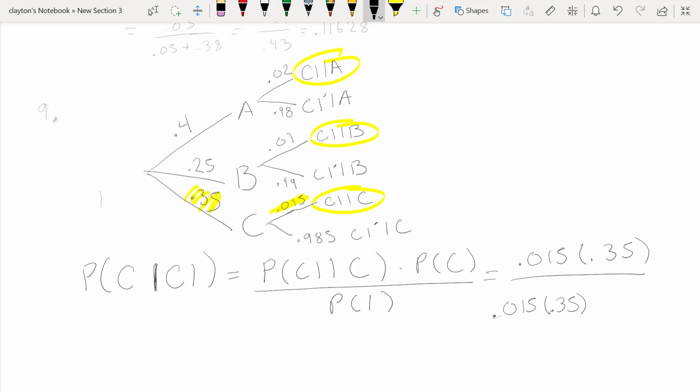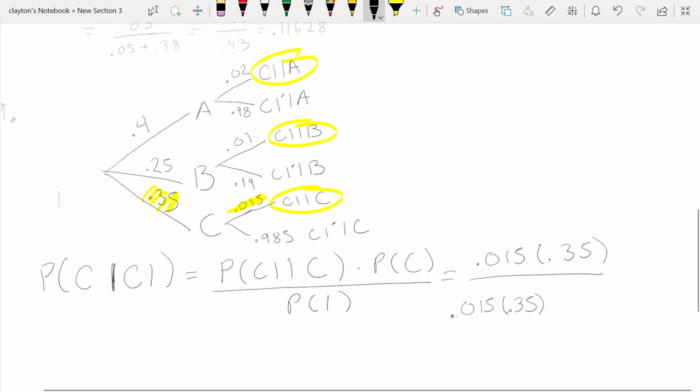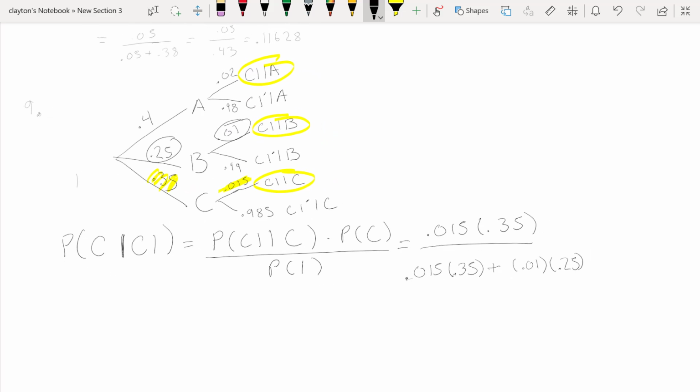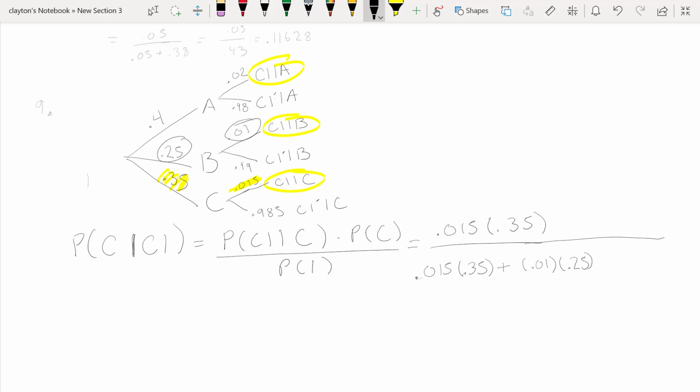So here's the people that made the claim in group C. I need to add up the people in group B that made the claim, which would be 0.01 times 0.25. And then I need to go grab the people in A as well. Sorry, I know this is getting smaller. The people in A, right? 0.02 times 0.4.